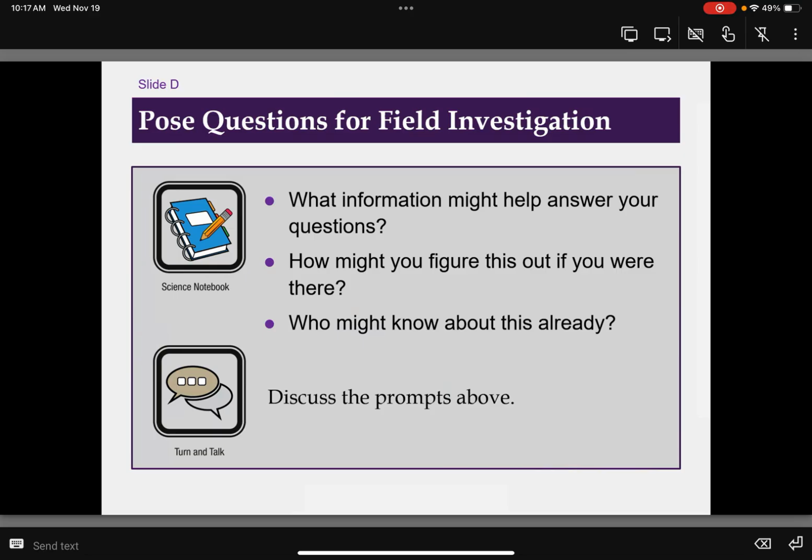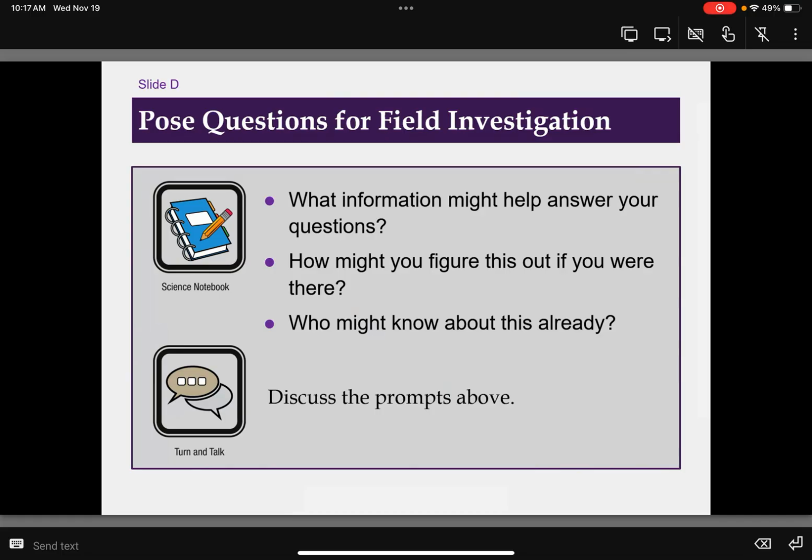But think about things that could help you answer your questions, which could include particle motion, how particles move, what we know about that. How might you figure this out if you were there, and who might know about this already?